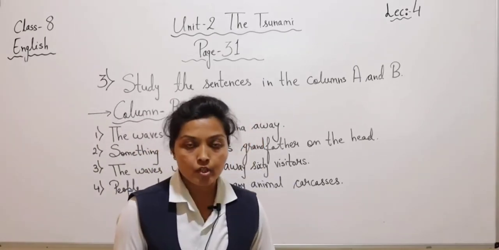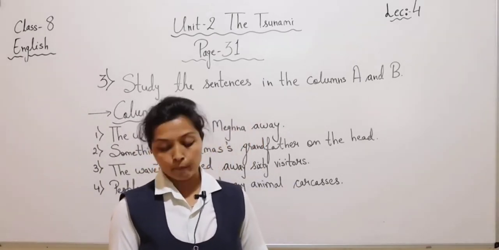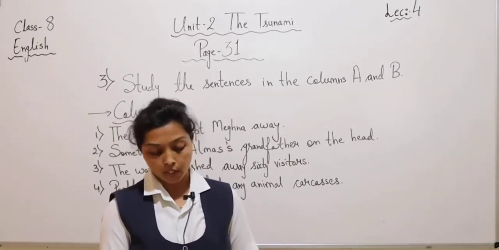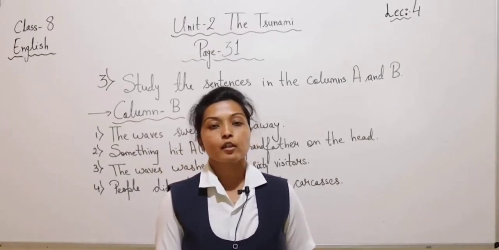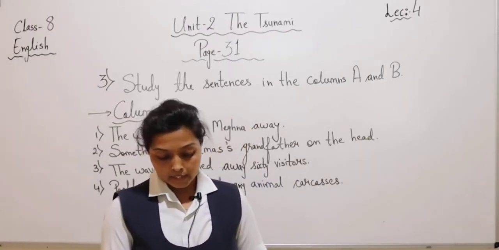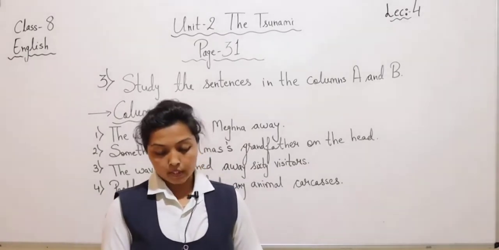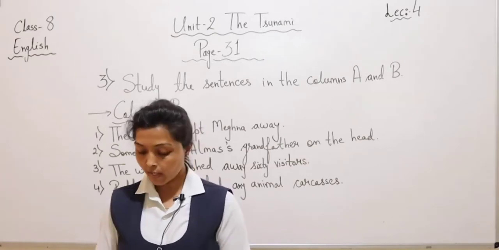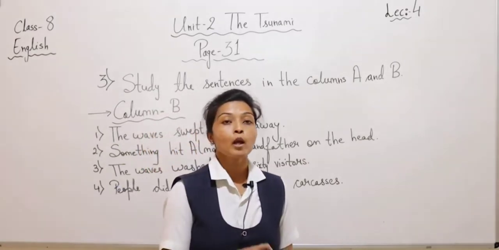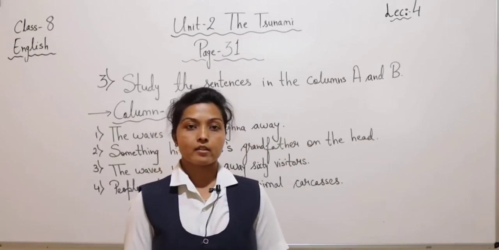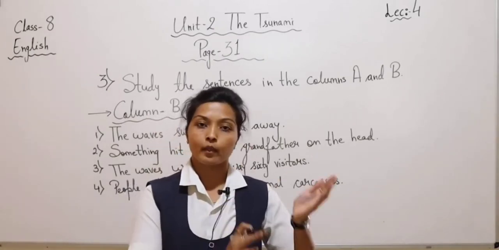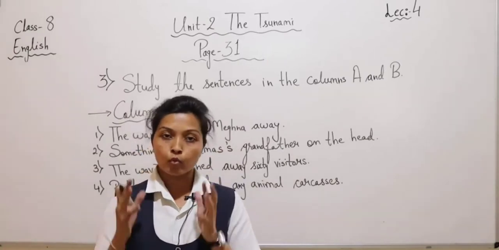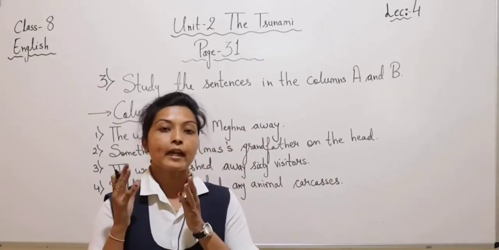In column A, the verbs, that is the actions, like was swept away, was hit, were washed away, were found, are in the passive form. The sentences are in the passive voice. In these sentences, the focus is not on the person who does the action. Why are they in the passive form? Because in these sentences the focus is not on the doer, whoever performs that action.